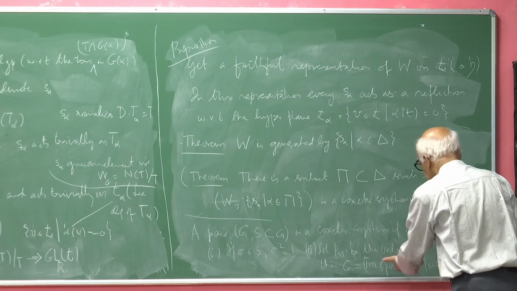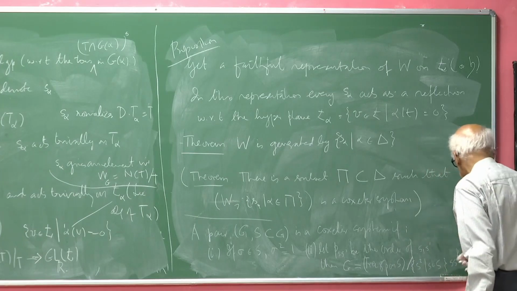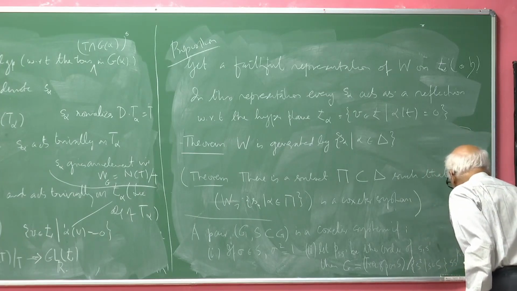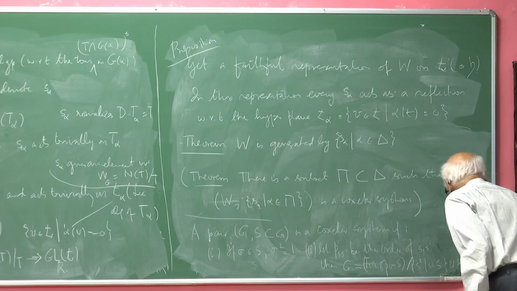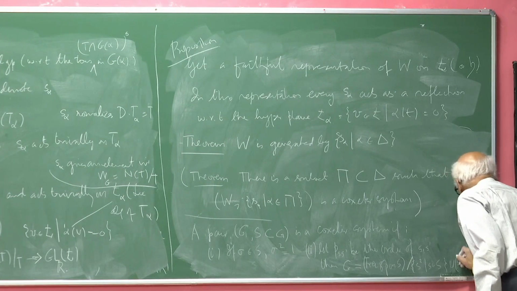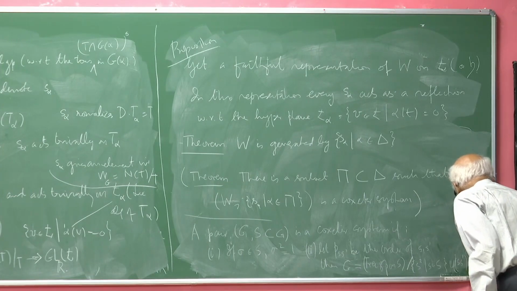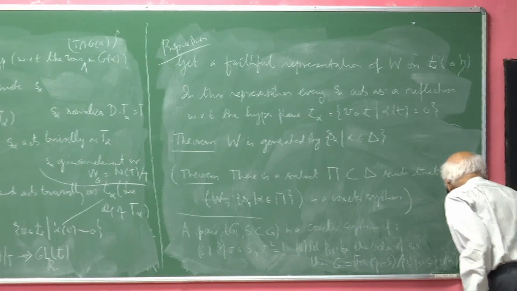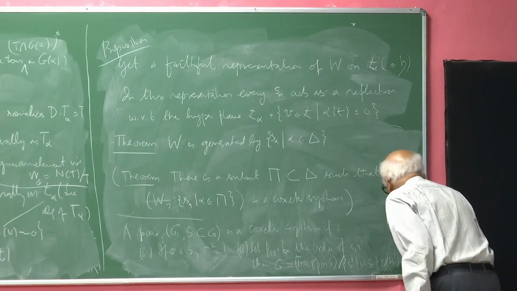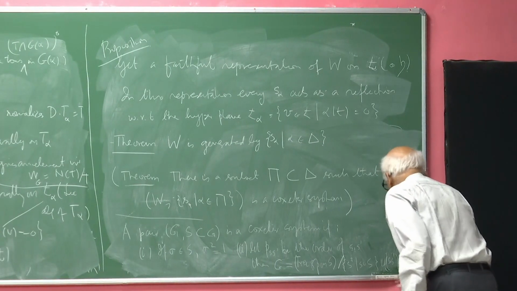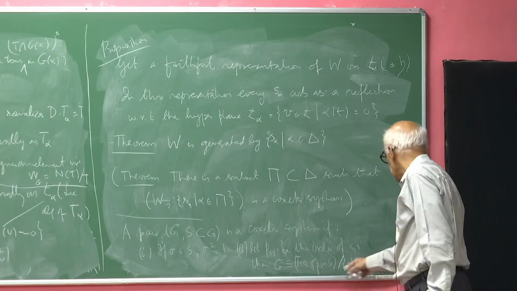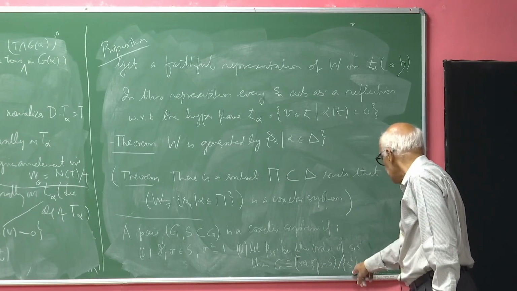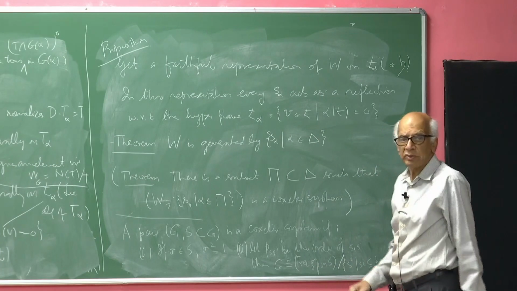When I say the order can be infinite, take the normal subgroup generated by S square for S in S and (S S') to the power P(S, S'), with S, S' both in S. Then G is isomorphic to the free group on S modulo the relations: S square is identity and (S S') to the power P(S, S') is also identity.